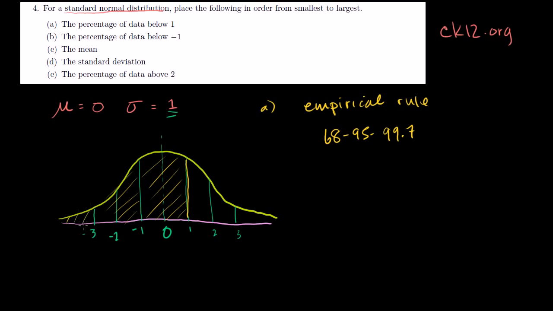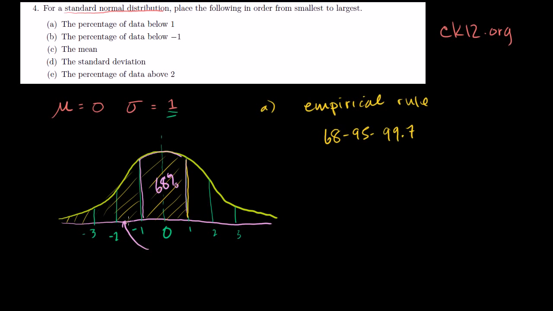The area under the bell curve all the way up to 1, or everything to the left of 1. The empirical rule tells us that this middle area between 1 standard deviation to the left and 1 standard deviation to the right is 68%. We saw that in the previous video as well. Now, if that's 68%, everything else combined has to add up to 100%.